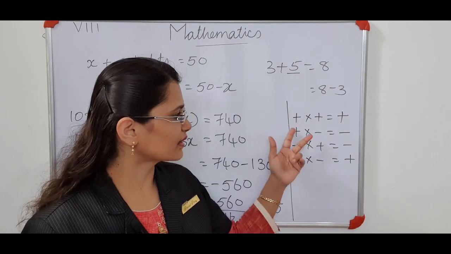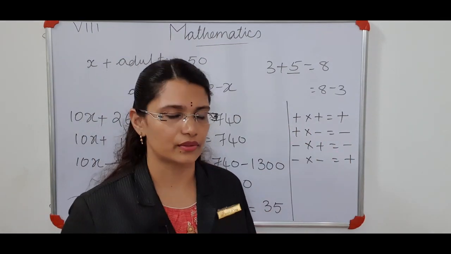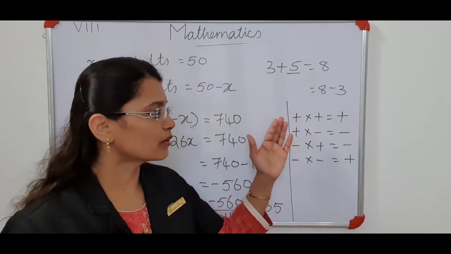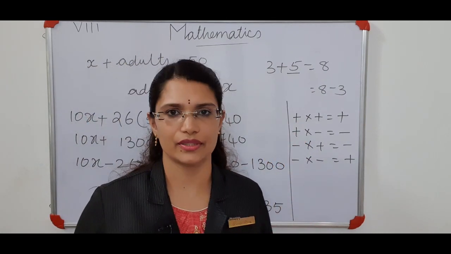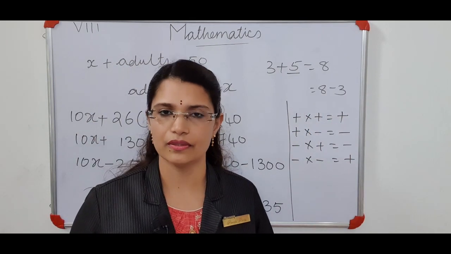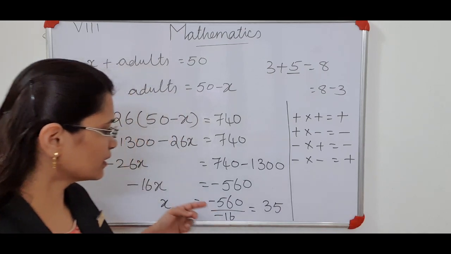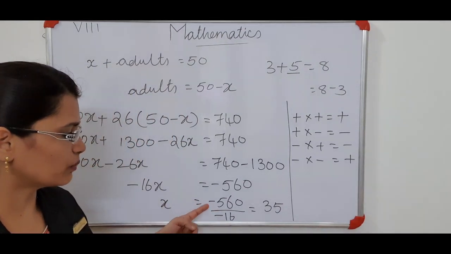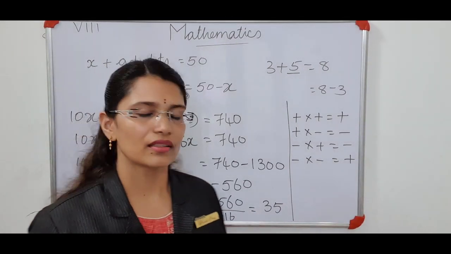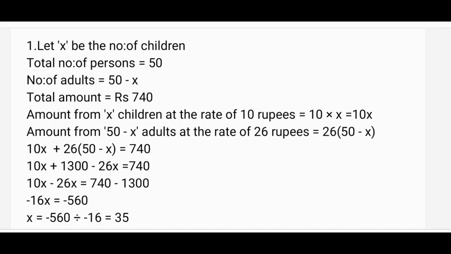If the signs are different, you will get the result as negative. So, keep in mind that this is for multiplication and division. Here the signs are same, both are negative. That is why we got positive 35.